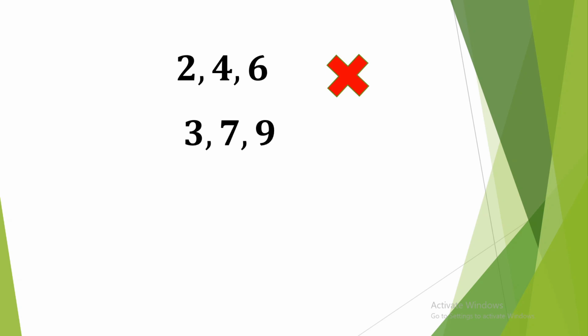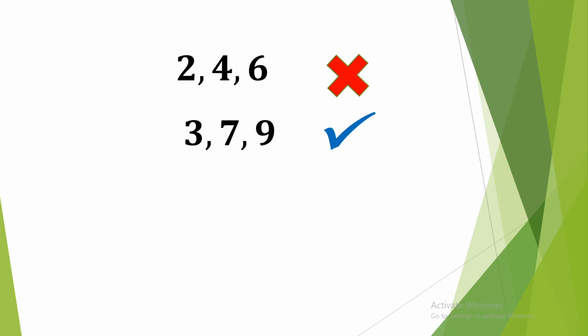How about this one? 3, 7, and 9 units. Can we form a triangle using the given lengths of sides? You're right, we can, because if you pair 3 and 7, that gives us 10, and that is greater than the third side, which is 9.